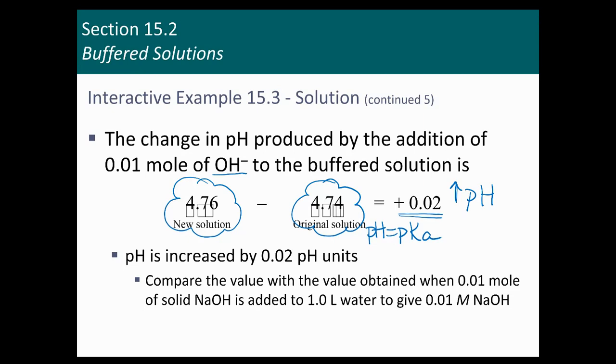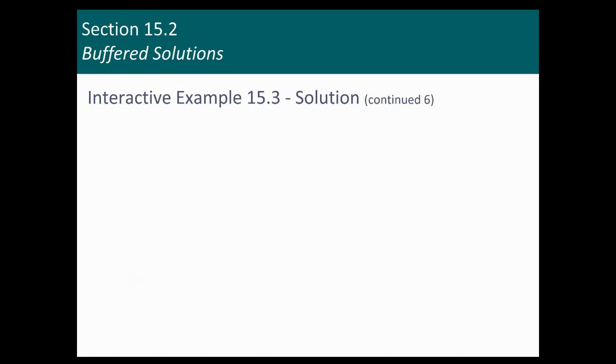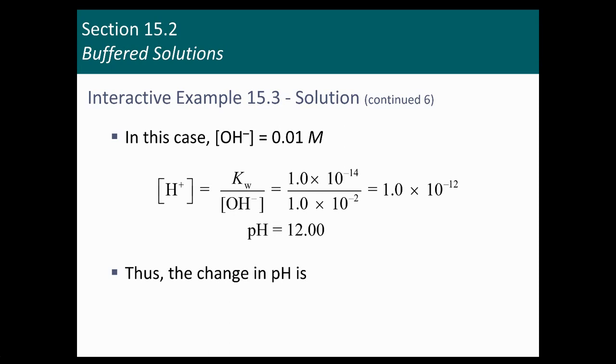If you were to drop this amount, 0.010 moles of hydroxide, in 1 liter of pure water and do the math on that, where hydroxide ion was 0.010 molar, let's think about what the pH would end up at.